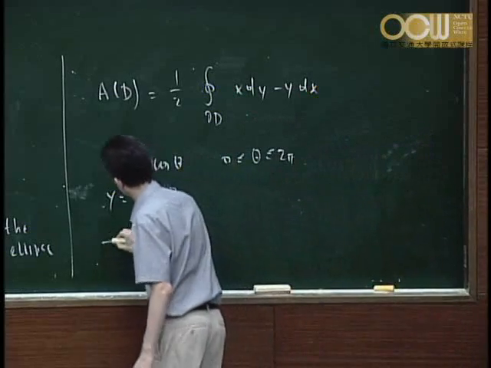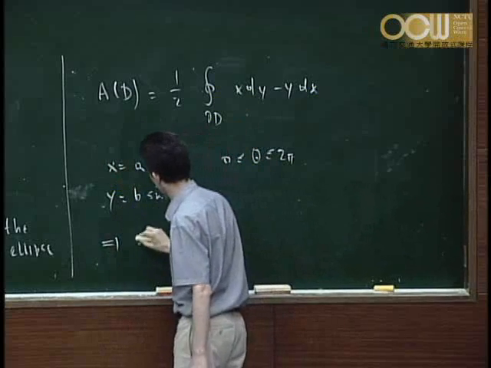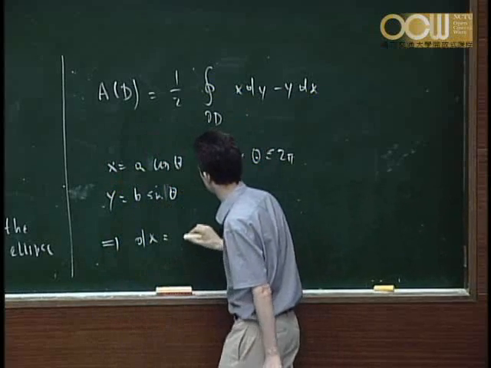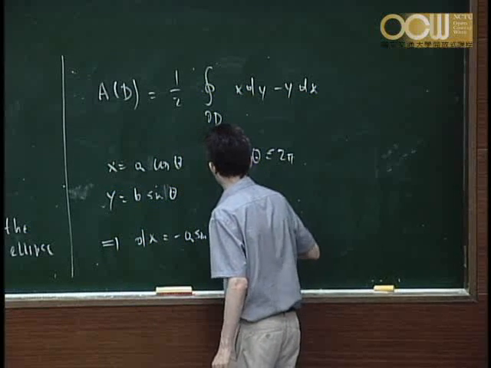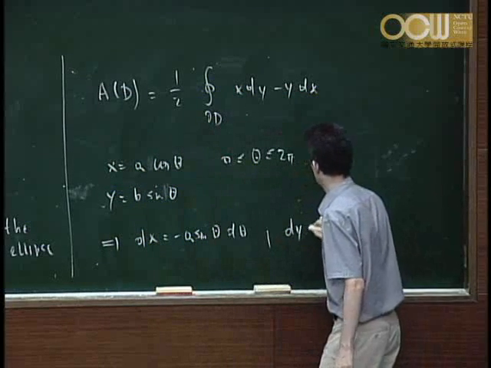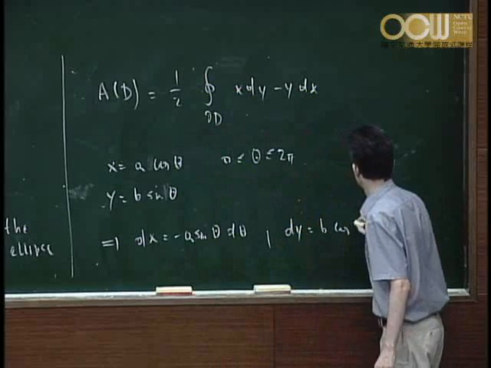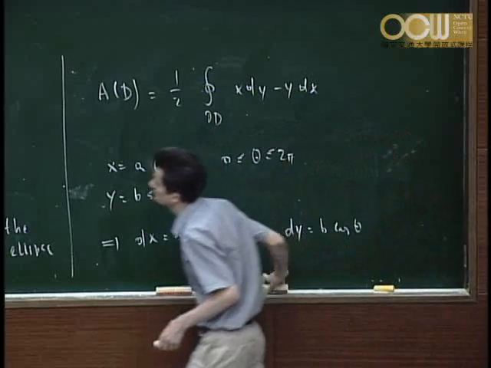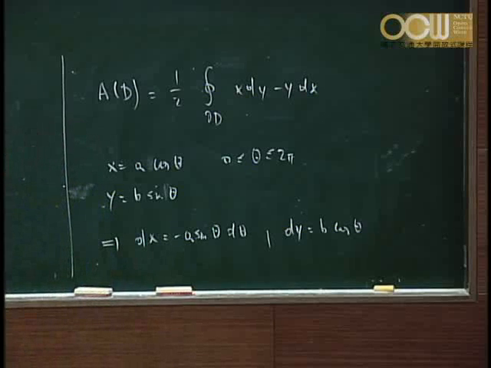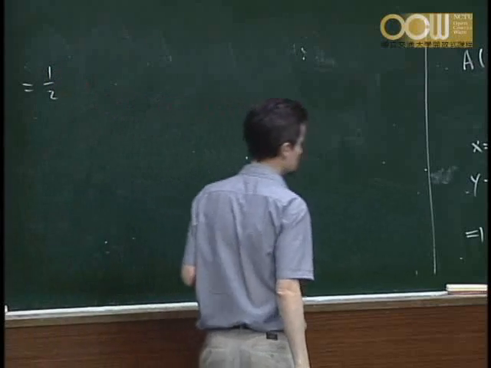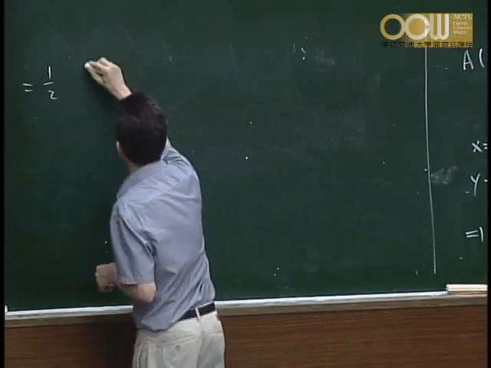So you see that we need dx and dy. dx is equal to minus a times sine of theta d theta, and dy is equal to b times cosine of theta d theta. So this becomes 1/2 times the integral from 0 to 2 pi.